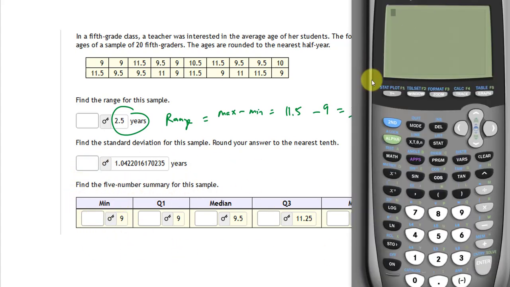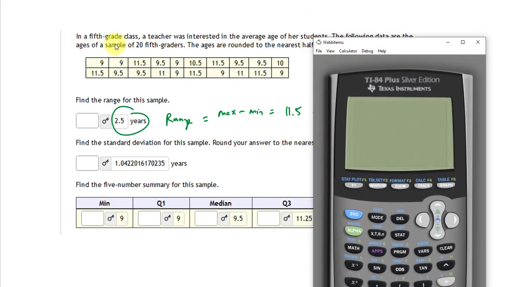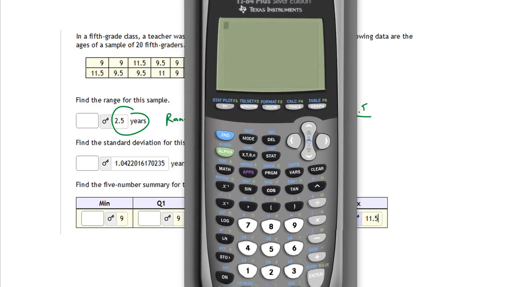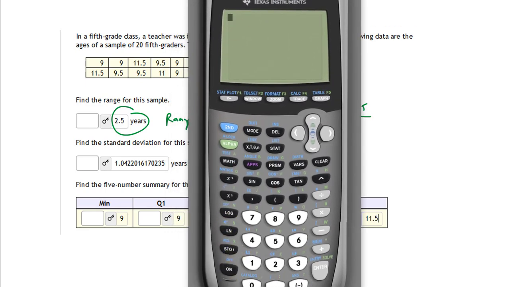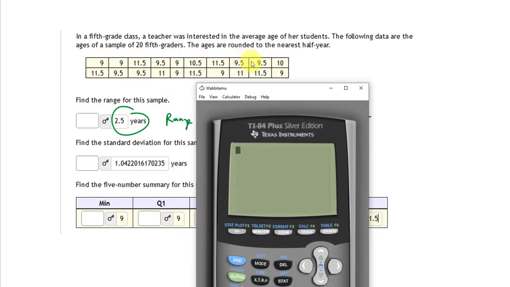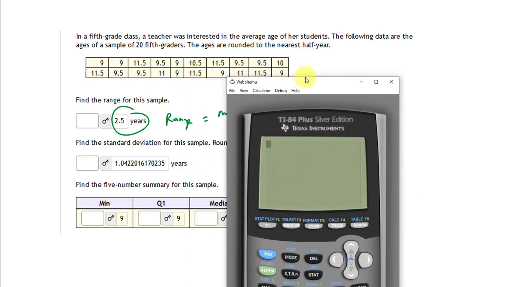Recall that this is a sample, right? So when you are looking for standard deviation, you are looking for the sample standard deviation, not the population standard deviation. The first thing is you need to input all the values in the list of the calculator.